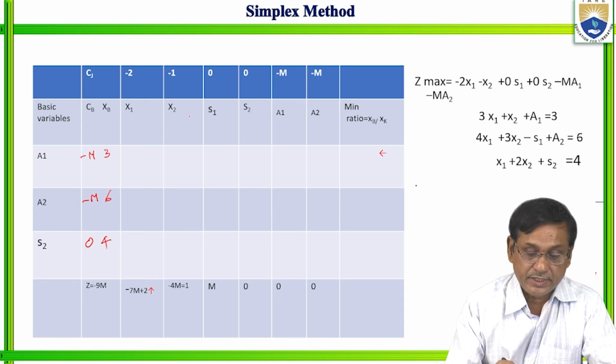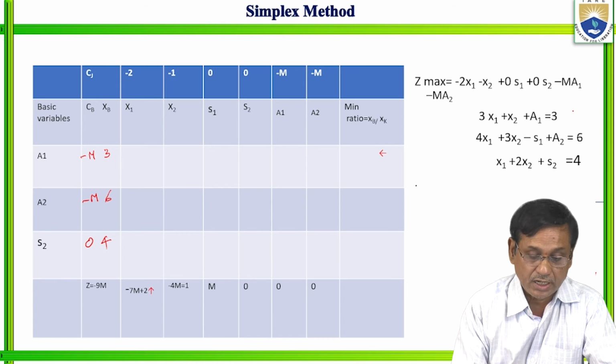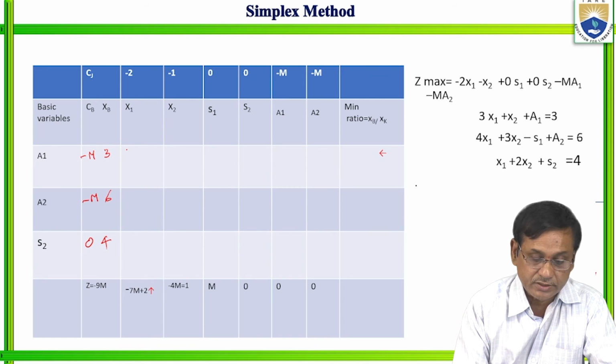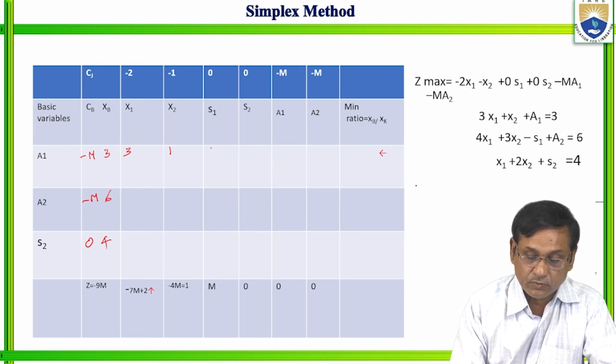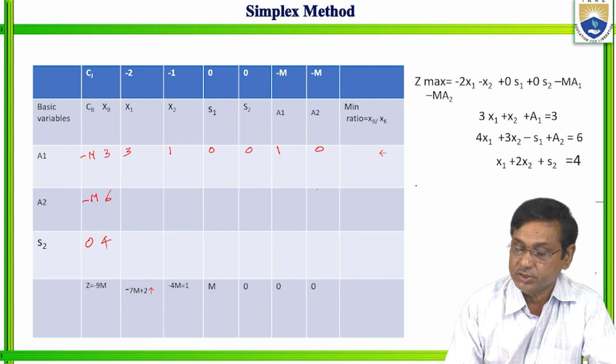Now, the x1, x2 coefficients and S1, S2, A1, A2 coefficients in the corresponding equations: in the first equation, x1 coefficient is 3, x2 coefficient is 1, S1 coefficient is 0, S2 coefficient is 0, A1 coefficient is 1, A2 coefficient is 0.